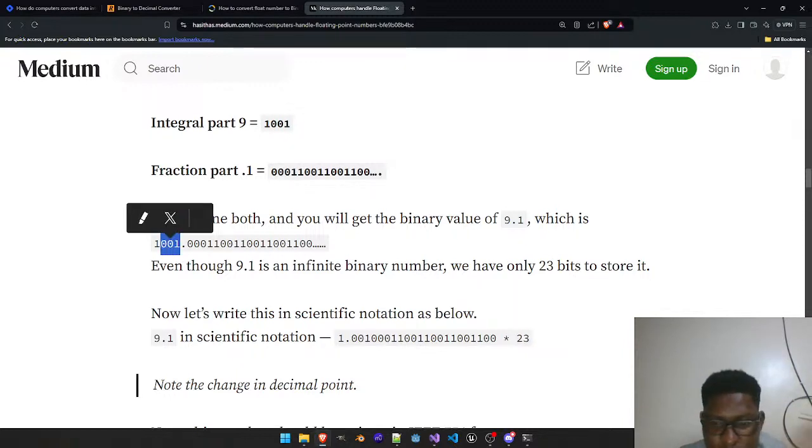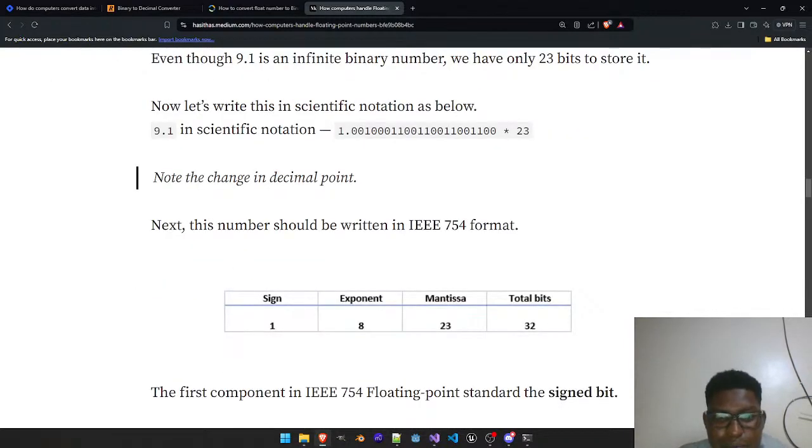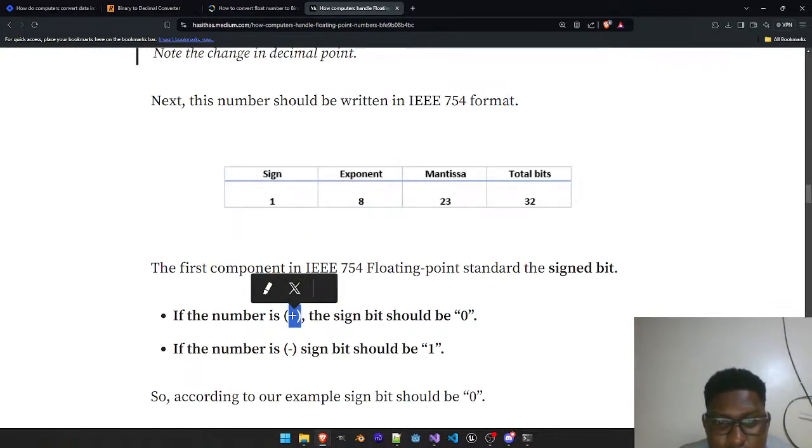Maybe the site didn't capture that correctly. Next, this number should be written in IEEE 754 format. If the number is positive, the sign bit should be 0. If the number is negative, the sign bit should be 1.